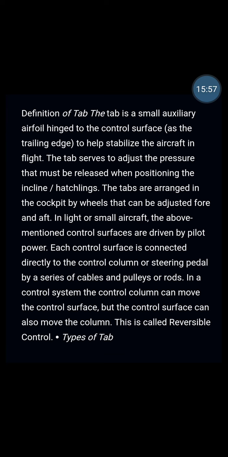In a control system, the control column can move the control surface, but the control surface can also move the column. This is called a reversible control type.